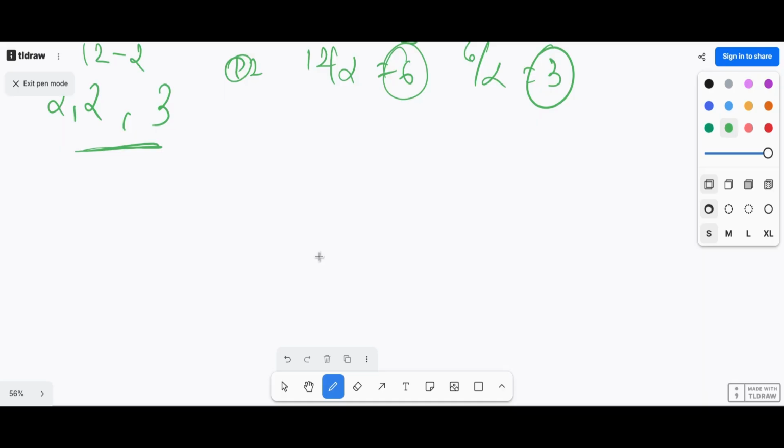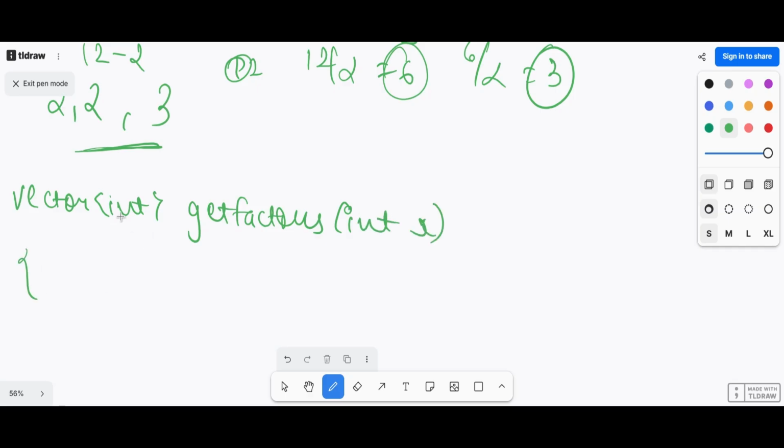So how will you get the prime factors now? You will have a vector of int, something called get factors for number x, let's say. And you will have that answer array over here, while x is not equal to 1.